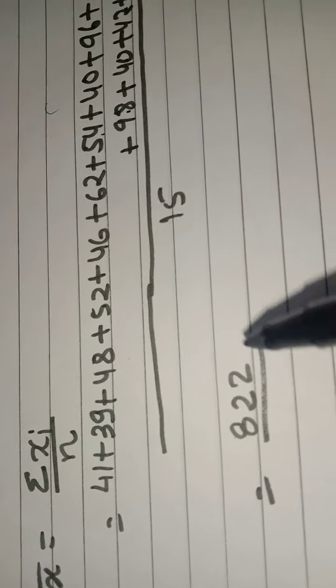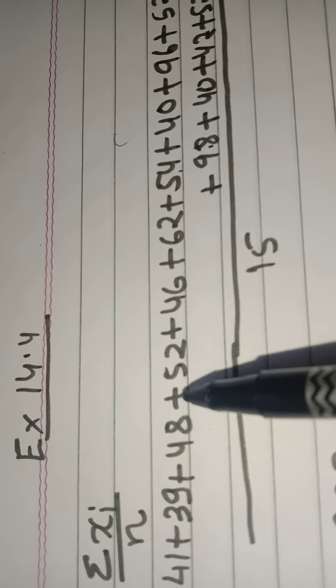The addition will give us 822. You can see 10, 18, 20, 26, 28, 32, 38, 40, 48, 50 and 52. So here 2 and carry 5. 5 plus 4, 9, 12, 16, 21, 25, 31, 36, 40, 49, 54, 63, 67, 71, 76 and plus 6, 82.